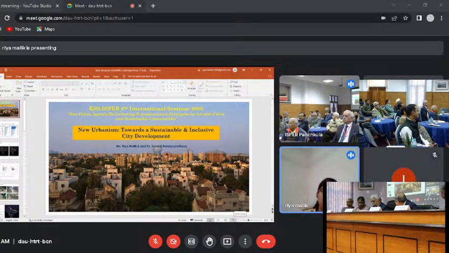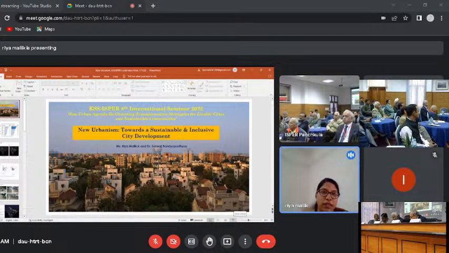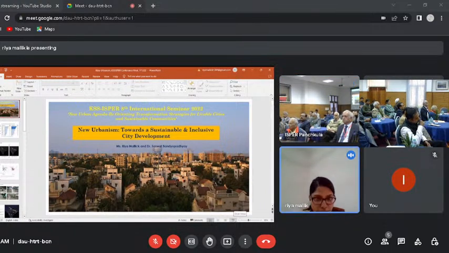Based on the given theme of the seminar today, the new urban agenda, reorienting transformation strategies for livable cities and sustainable communities, we will be talking about the tool of urban development, which is new urbanism, for sustainable and inclusive city development.